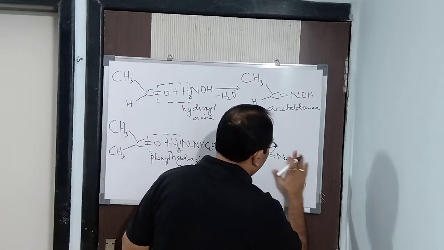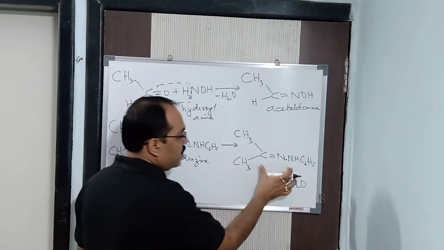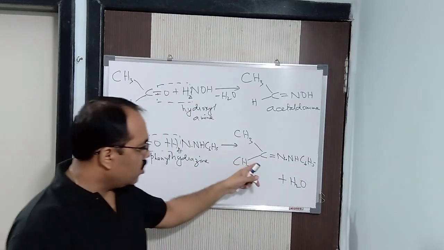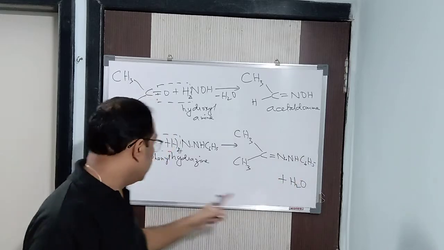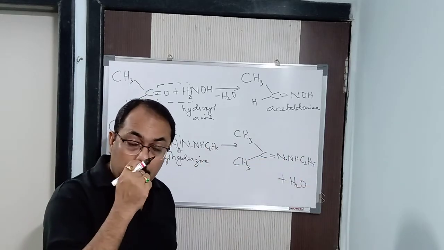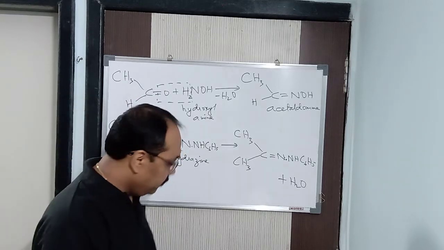So here also same thing, NHC6H5. So it is known as what? Acetone phenylhydrazone. If suppose I will take here acetaldehyde, it will be acetaldehyde phenylhydrazone. From hydrazine it becomes hydrazone. We can say that. Clear?